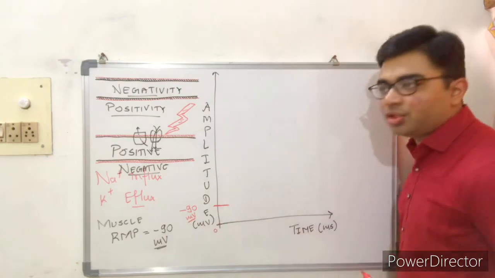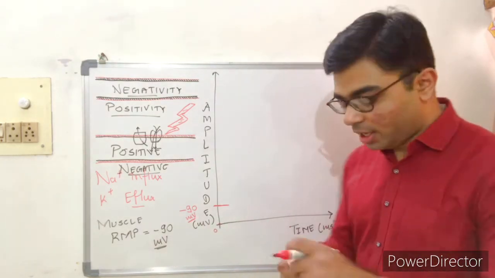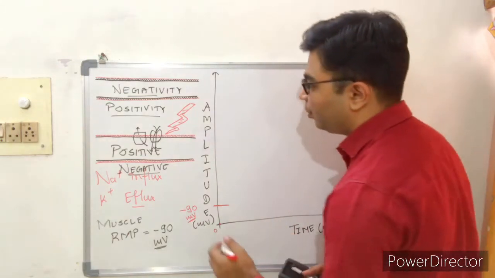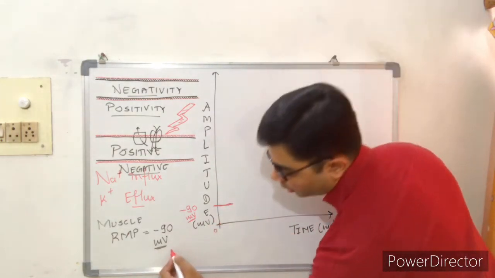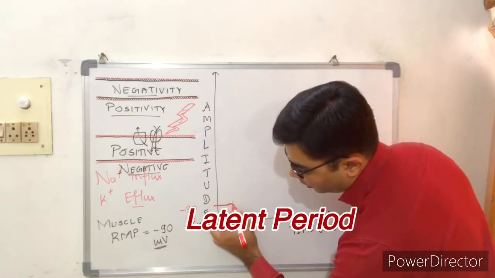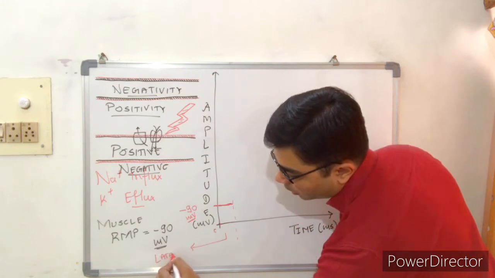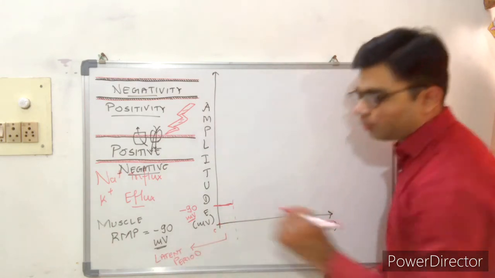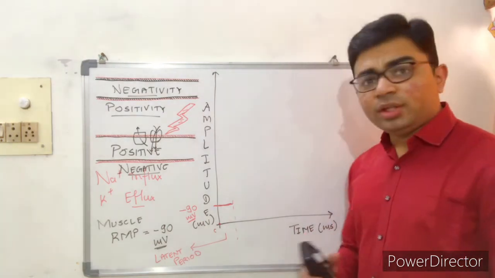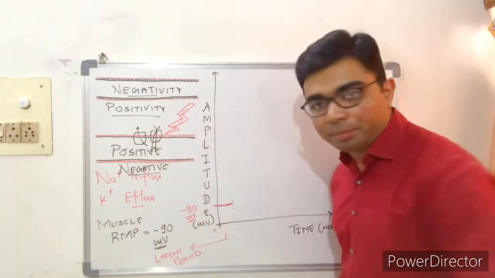Initially no changes will be there, right? And this is the phase which is known as a latent period. Let me write it over here, that this typical phase is known as the latent period. So in the latent period, no changes occur in the cell membrane.